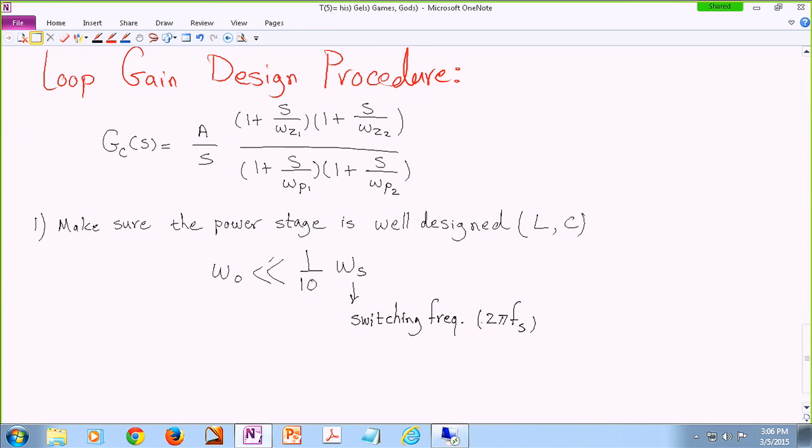Whatever your switching frequency is, like 100 kilohertz, or in my example 75 kilohertz, just multiply by 2 pi, and that's going to be your angular switching frequency. Omega naught is the corner frequency.